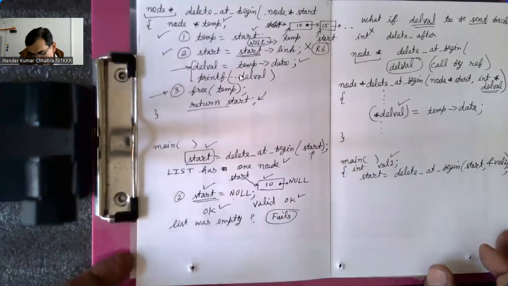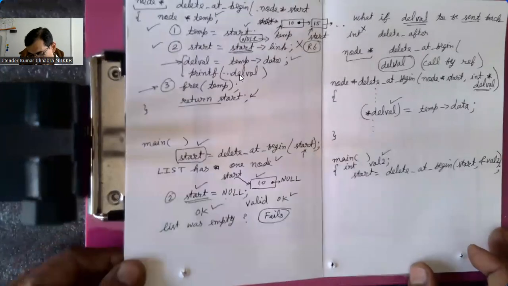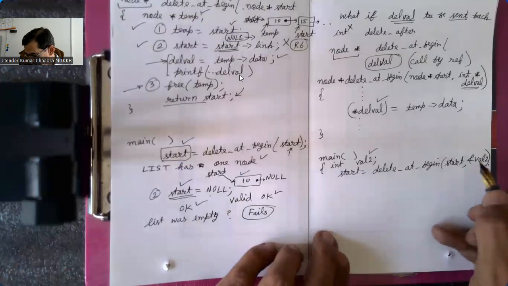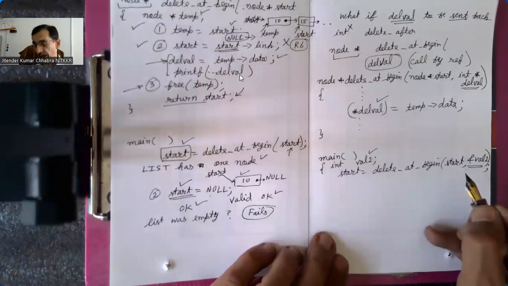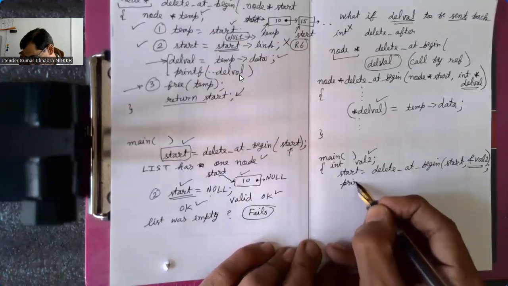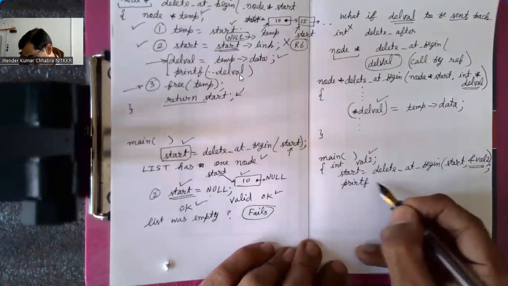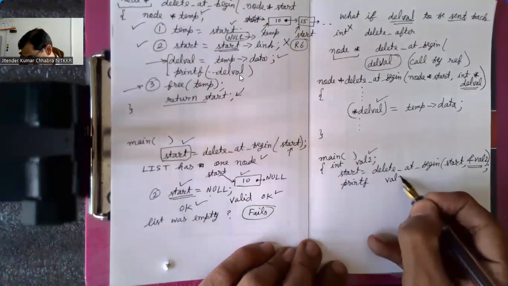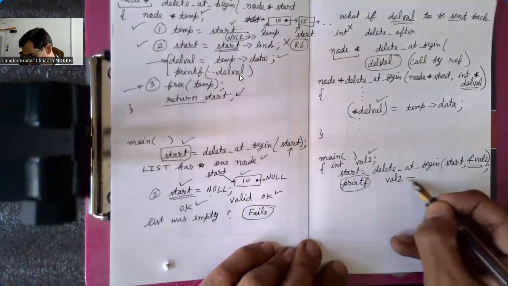That will mean effectively that you are going to write ampersand val2. And once this is ready, maybe you wanted to print or whatever you wanted to do with the val2. Either print or use anywhere.